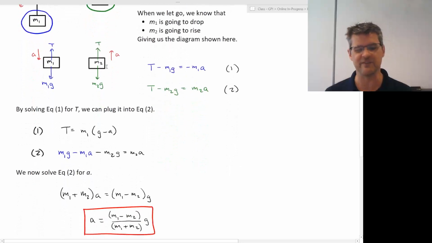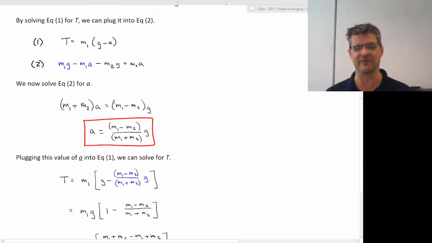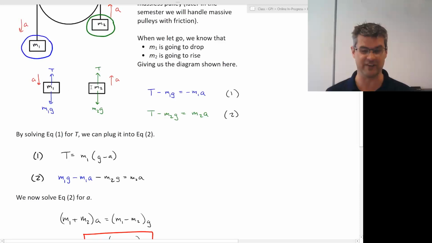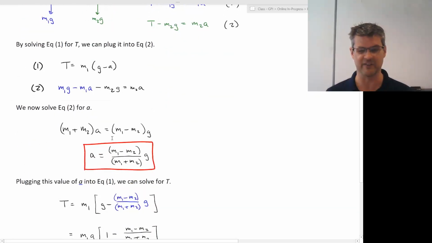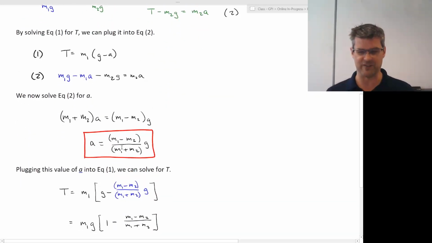But what do we see for the acceleration? M1 is very, very large, M2 is very, very small. So I look at this expression for acceleration, M1 is maybe 1,000, and M2 is 1. Well, 1,000 minus 1 is essentially 1,000. On the bottom, M1 plus M2, 1,000 plus 1 is essentially 1,000.